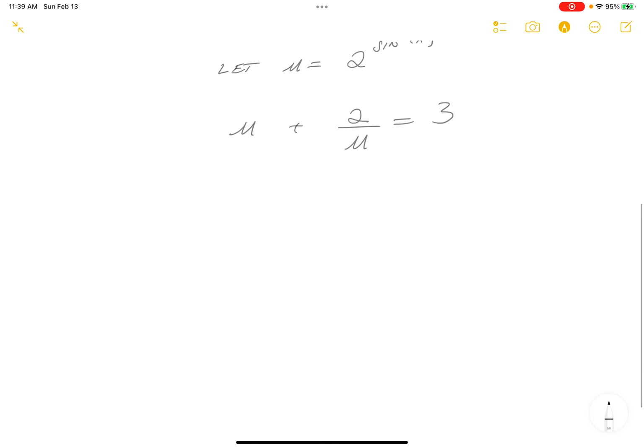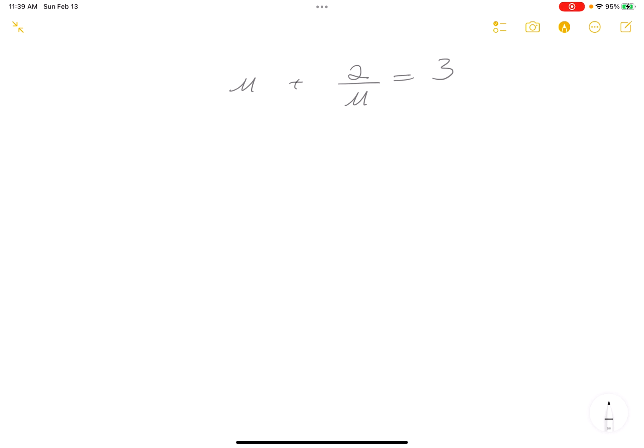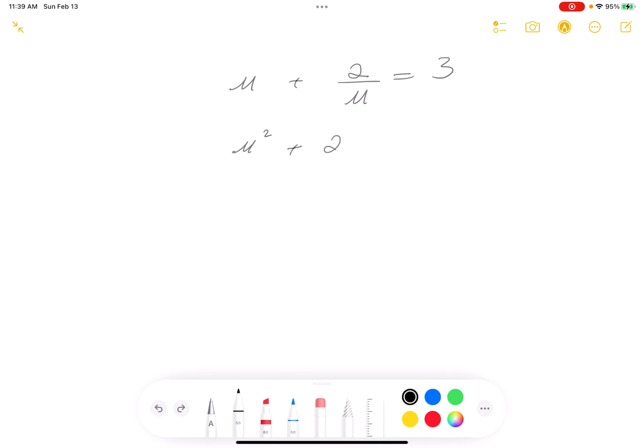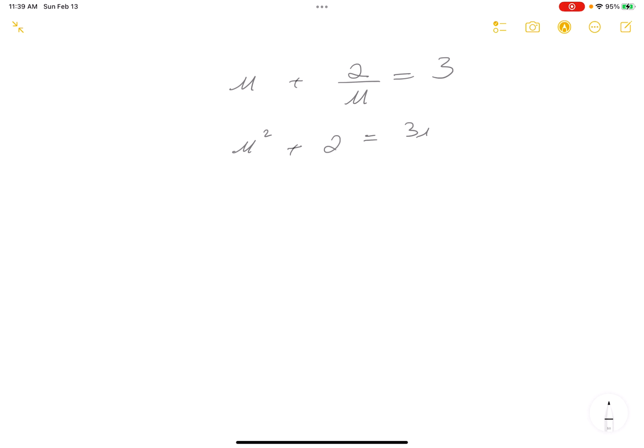What I do now is, I'll have to go back in the problem because I don't really want to know what u is. I want to know what x is. Multiply both sides by u. What do you get? U squared plus 2, equals 3u. Again, I'm multiplying both sides by u.